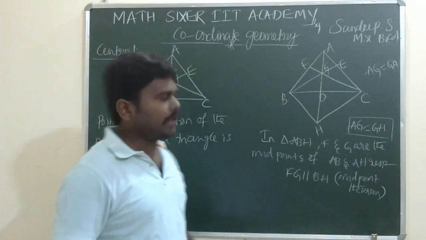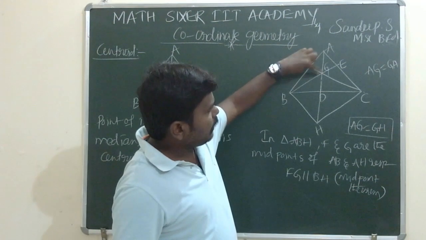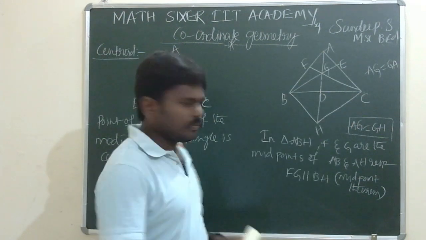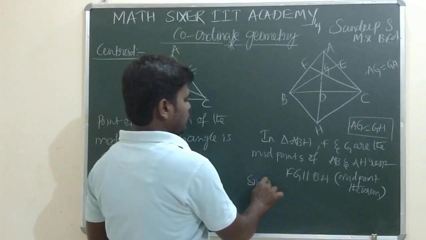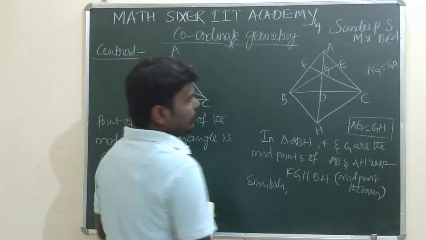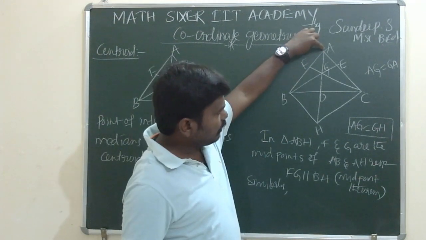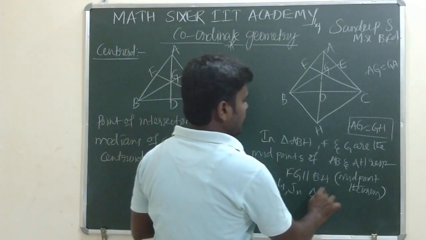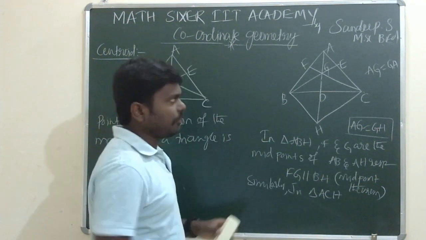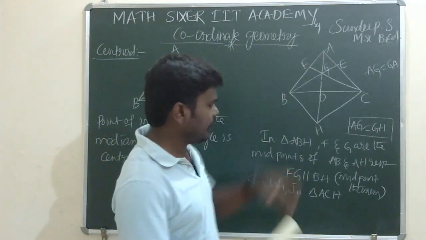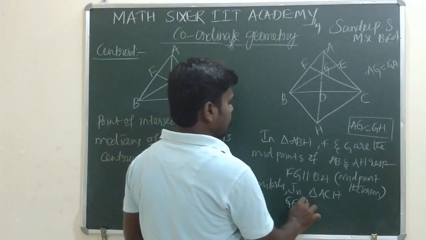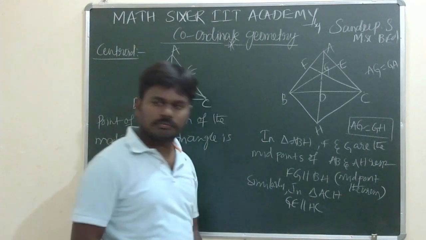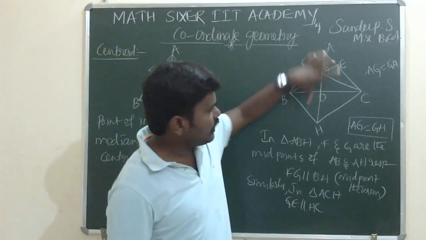In a similar manner, here G is the midpoint and E is the midpoint of AC. So according to the midpoint theorem in triangle ACH, GE is parallel to HC.